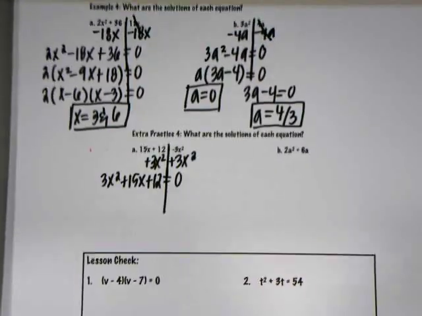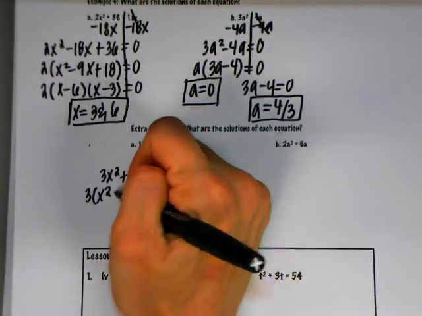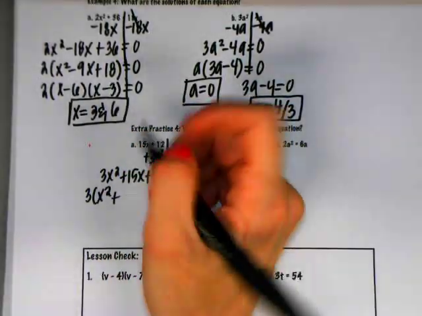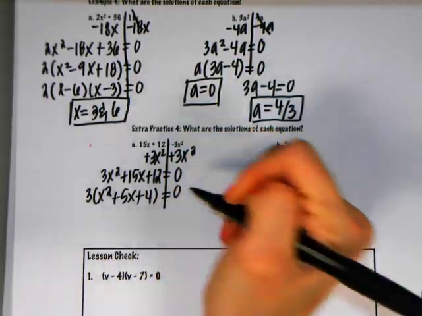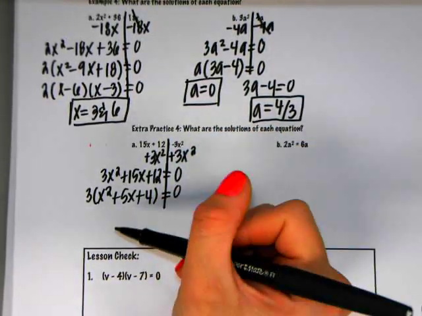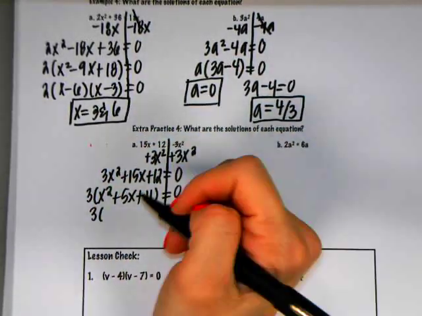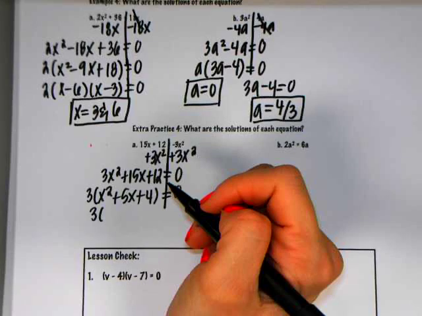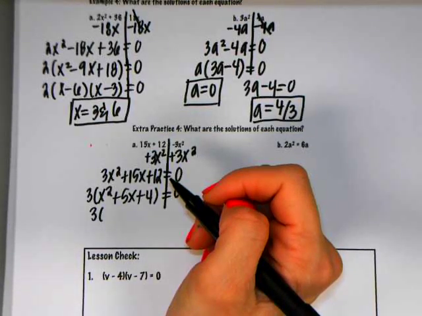Okay, is there a GCF? 3. All right, and then continue factoring that. So you get negative 1 and 5? No. Negative 1, negative 4? Oh, 1 and negative 4?